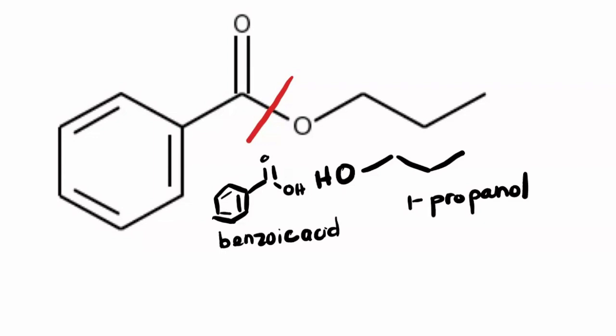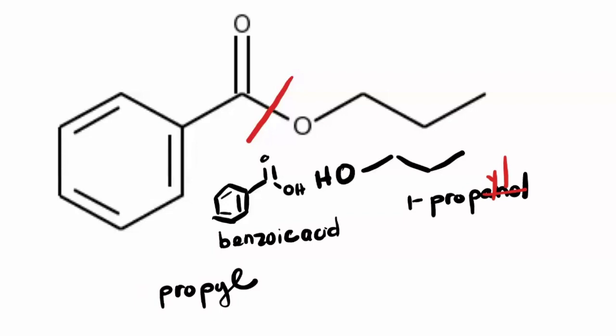Okay? So, as I mentioned before, the first word is going to come from the alcohol. So I'm going to replace the ANOL with YL. So for this molecule, this is going to be 1-propyl, or in other words, propyl.